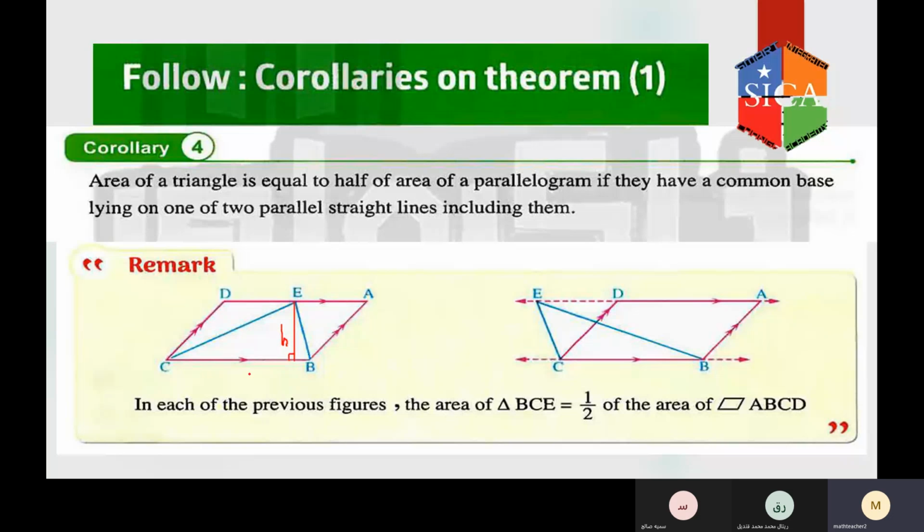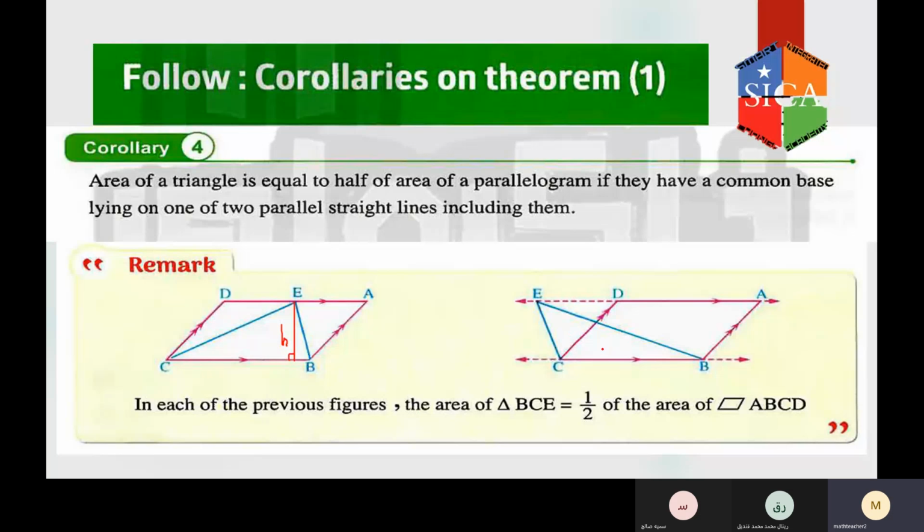But the area of the parallelogram equals base times the height, base, which is BC, times the same height. Then in this figure, the area of the triangle ABC equals half the area of parallelogram ABCD.